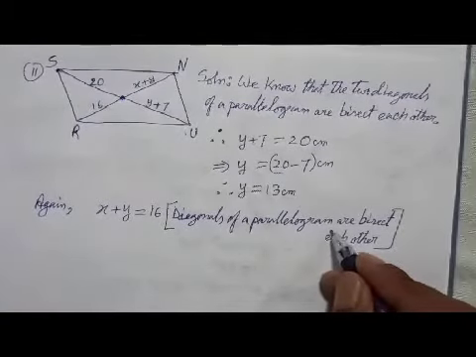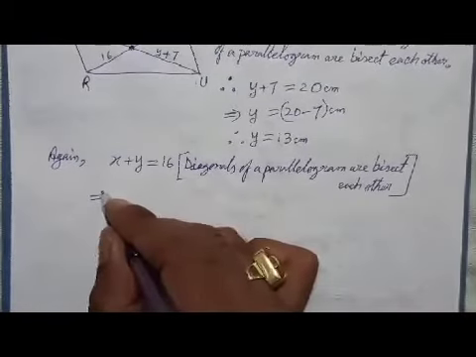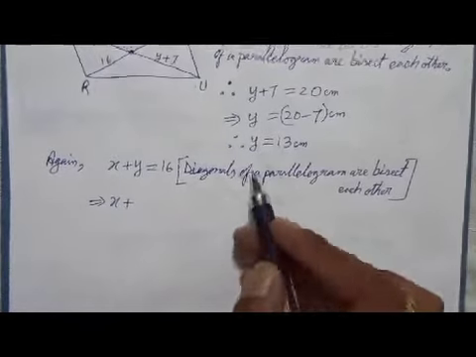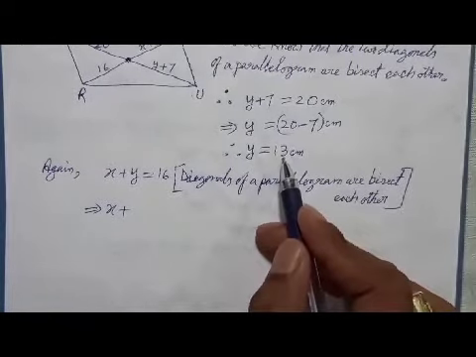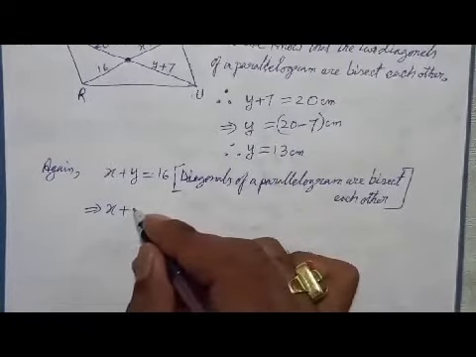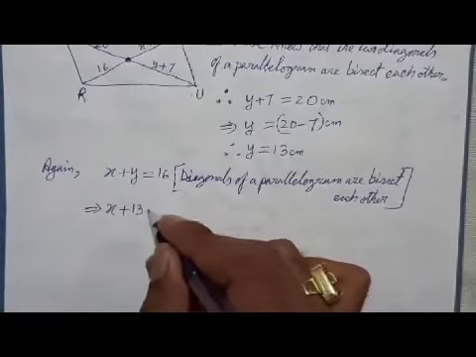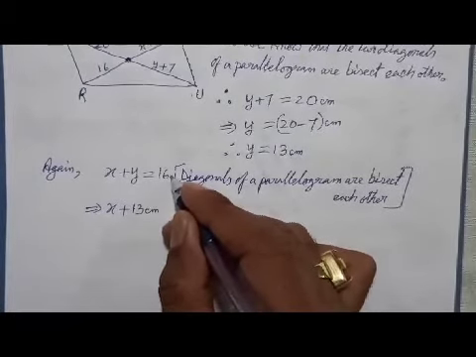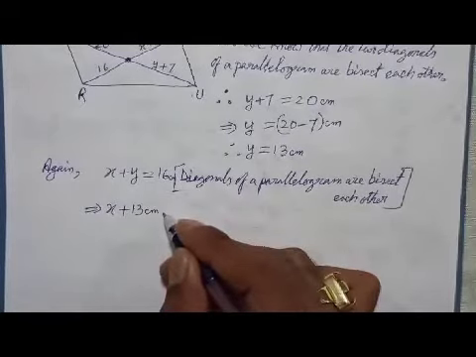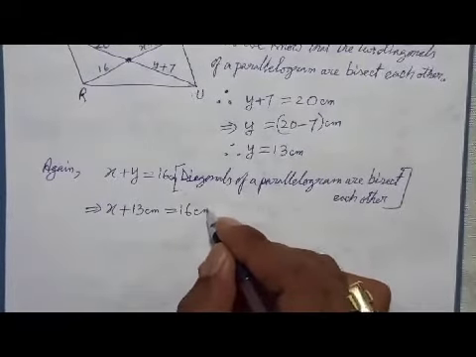This is the property. This implies that x plus y, here y is now 13 centimeter, and this 16 is also centimeter, is equal to 16 centimeter.